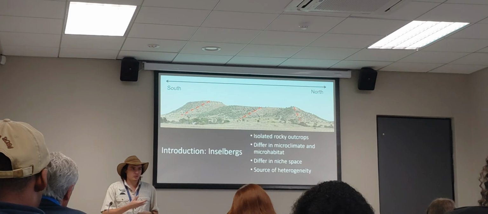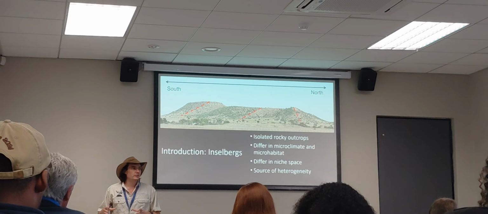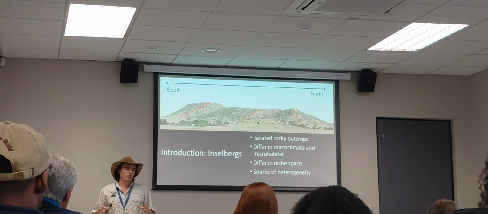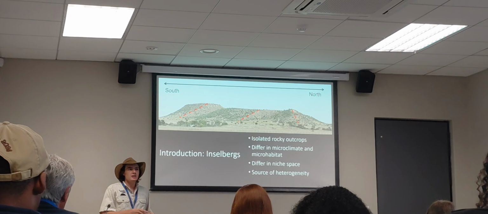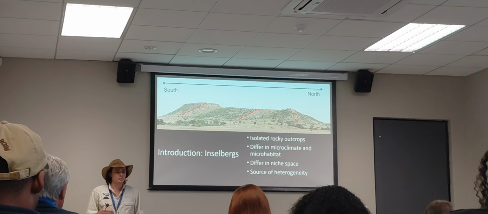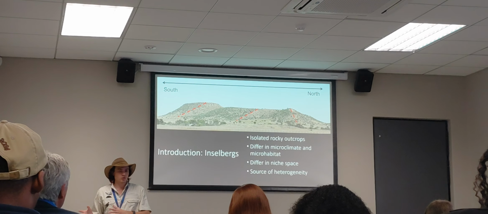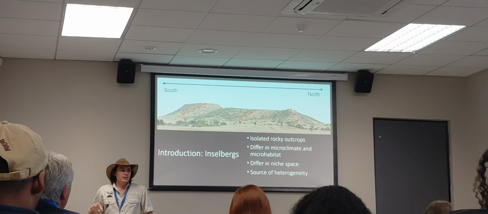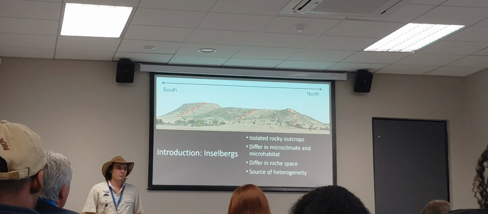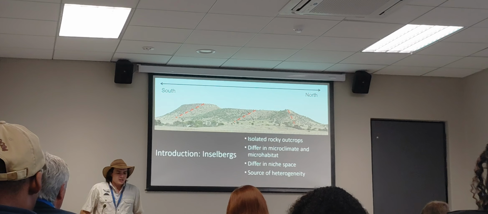So the biological definition and borders of the inselbergs might be quite a bit larger than the geological and topographical borders. These inselbergs are seen as isolated rocky outcrops, as I said, and I'm going to focus on the biological definition for inselbergs in this study.